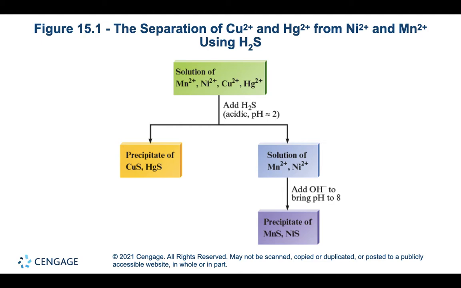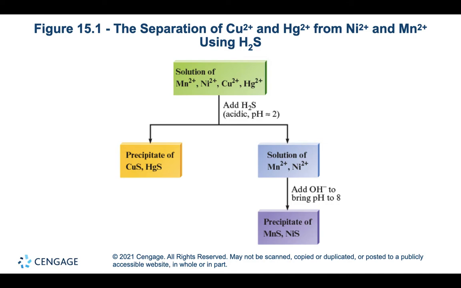Now that's going to bring those S 2 minus ions up to a high enough concentration to precipitate the manganese and the nickel. Just by changing the pH, you are increasing the S 2 minus ion concentration. So at the low S 2 minus concentrations of an acidic solution, there's still enough S 2 minus to precipitate the copper and the mercury.